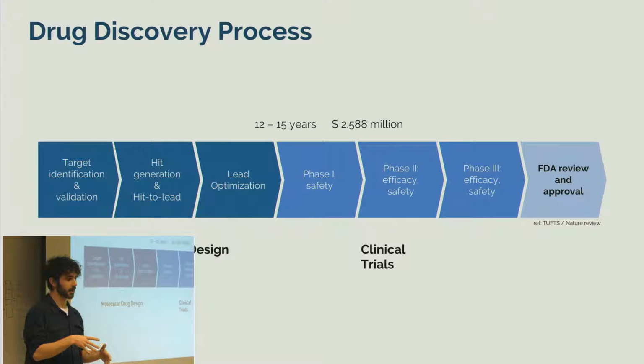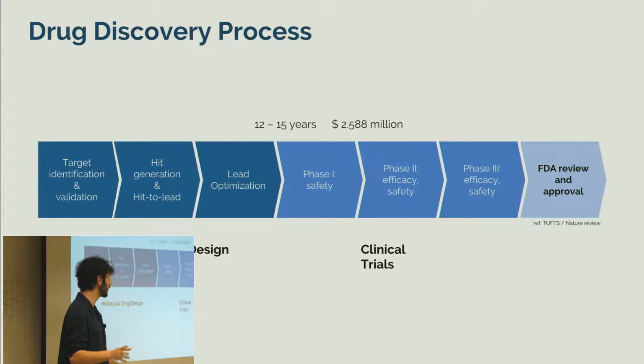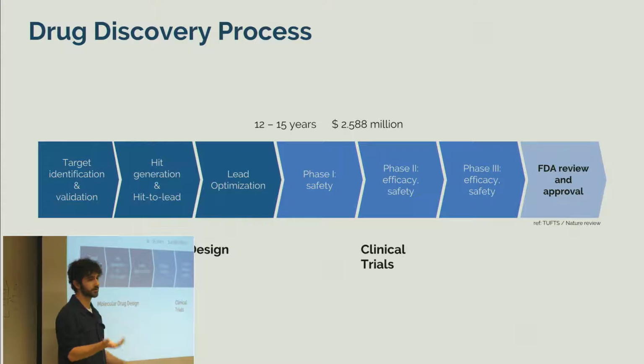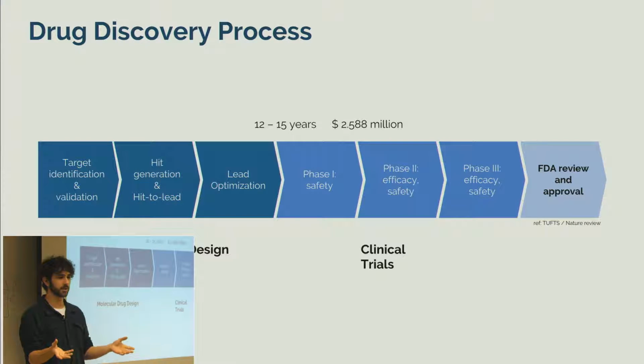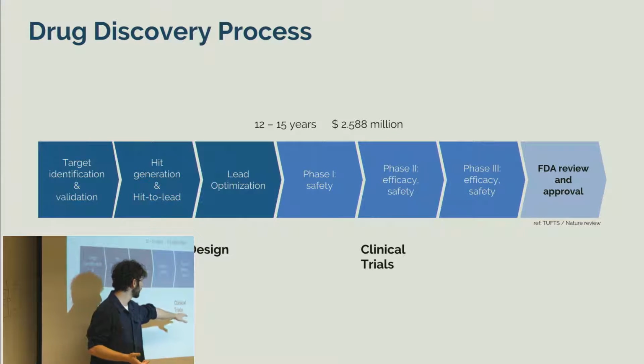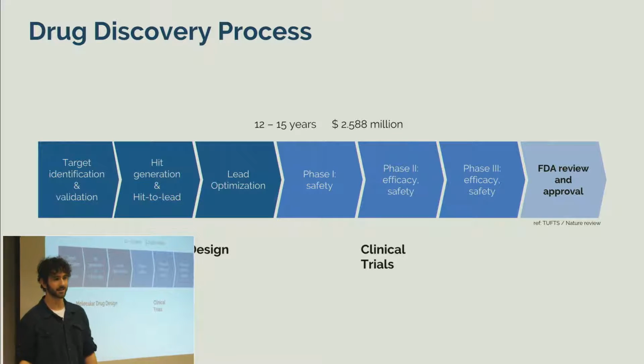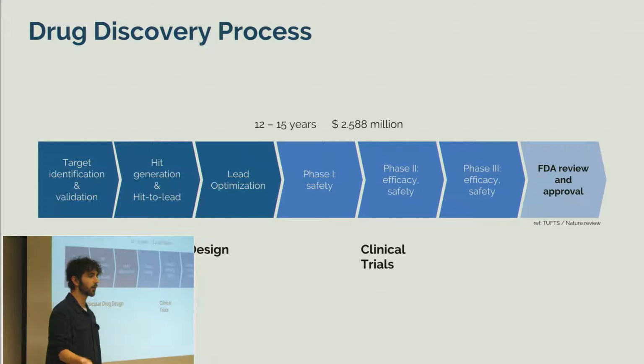And then there come strongly computational applications and tools to reduce basically experimental costs, which are the most expensive. So basically in the whole process there are two main parts. The first one starts with molecular drug design, where you come out with molecules, and then the clinical trials, when you actually test them in humans.